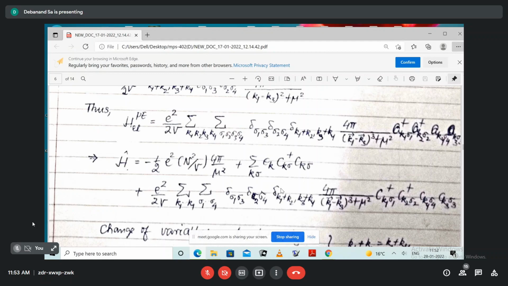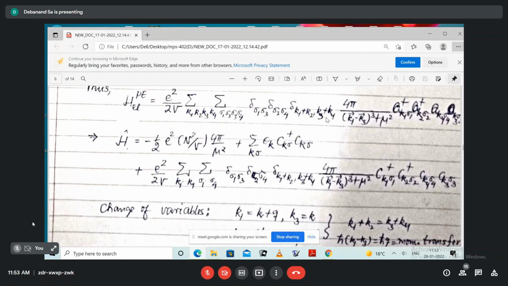Change the variables. Because, see, I'll tell you here one interesting thing. This delta function says something. This says that because these two particles are interacting, your initial momenta and final momenta are the same. So this is something like momentum conservation. So this delta function ensures momentum, I have to multiply by h cross, so wave vector conservation.